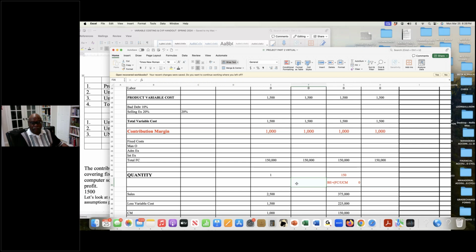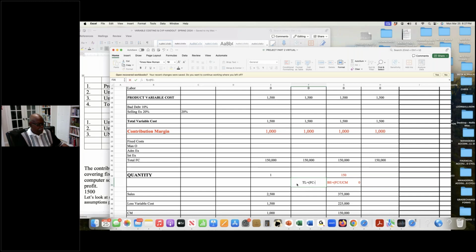The quantity is going to equal the fixed cost minus the 100,000 target loss, divided by the UCM.